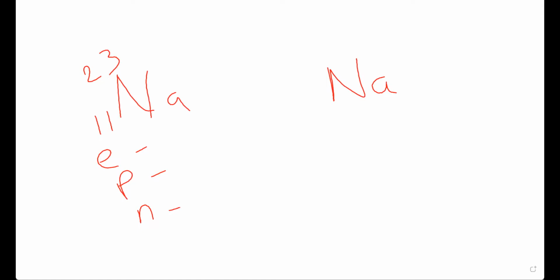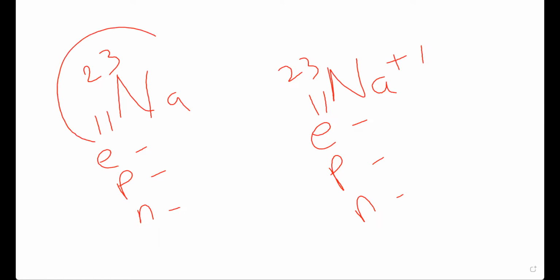Here also you write the number of electrons, protons and neutrons. Consider the neutral atom Na 11, 23. How many electrons? 11. Protons, 11. Neutrons, 23 minus 11, that is 12.